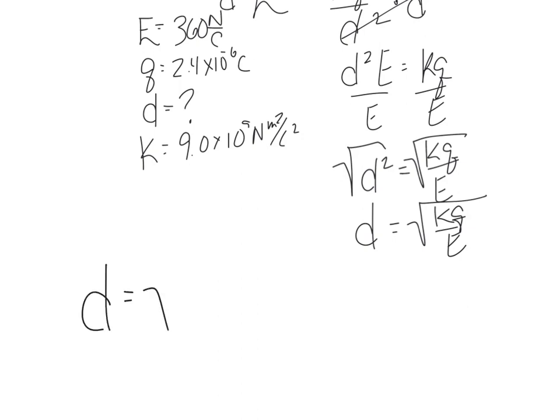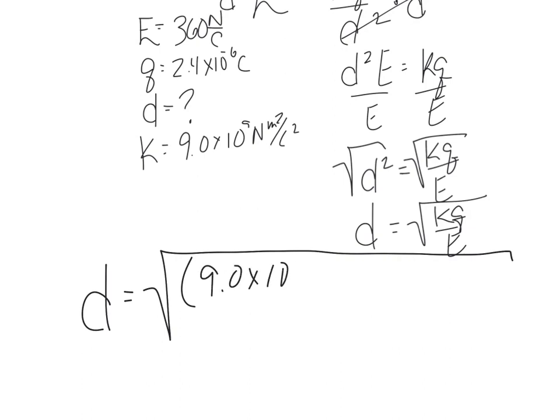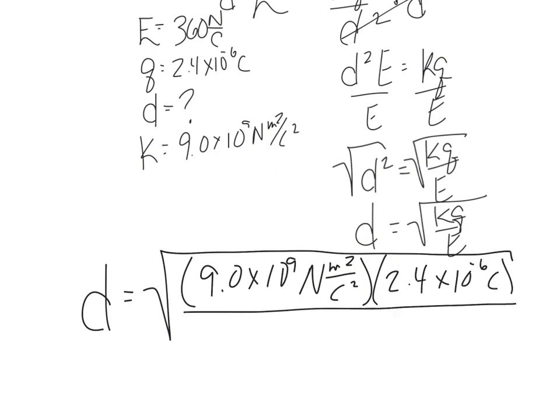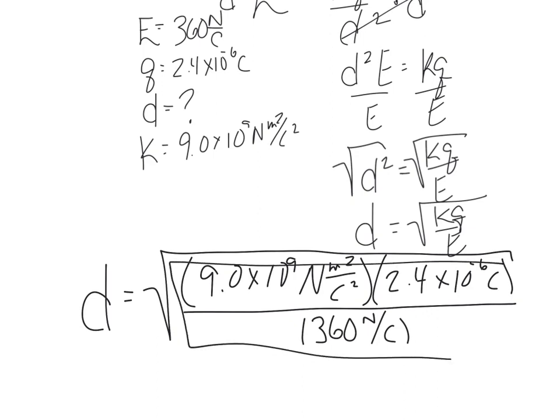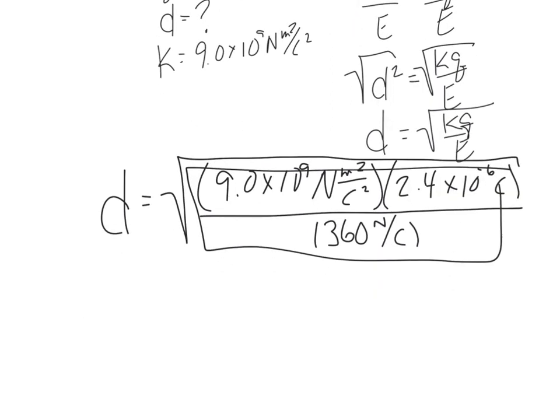D equals the square root of 9 times 10 to the ninth Newton meter squared per Coulomb squared multiplied by 2.4 times 10 to the negative 6 coulombs, all divided by our electric field, 360 newtons per coulomb. And make sure all of this stuff here ends up in your square root. You should find that distance to be equal to 7.7 meters when you calculate that out.